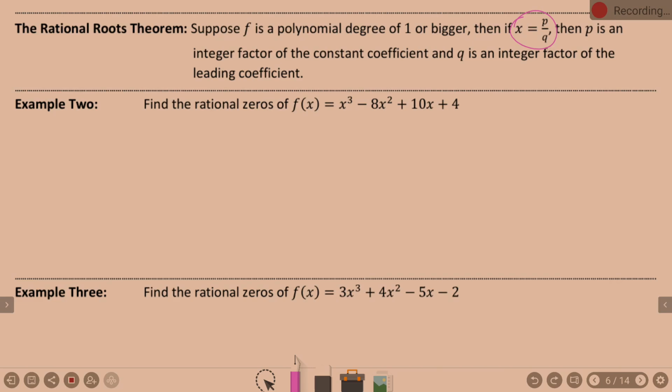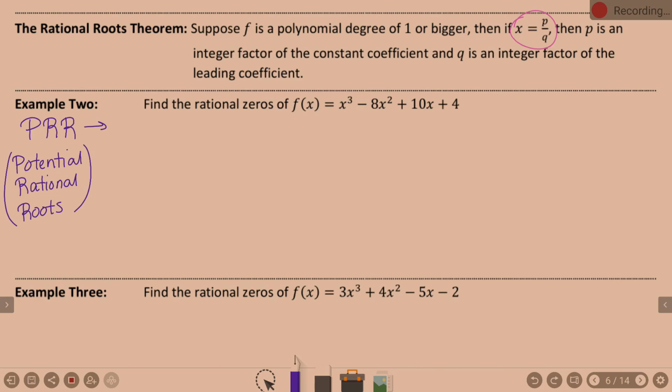Okay? But we're going to start off by finding what I refer to as PRRs, or in other words, your potential rational roots. Okay? We're finding potential rational roots. And this is what this rational roots theorem does.